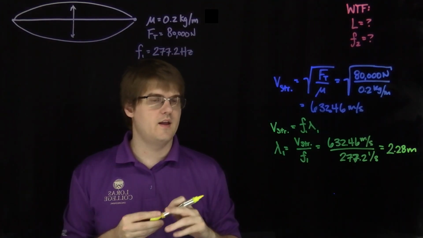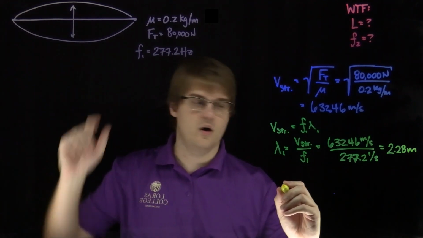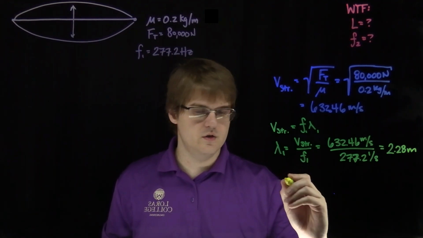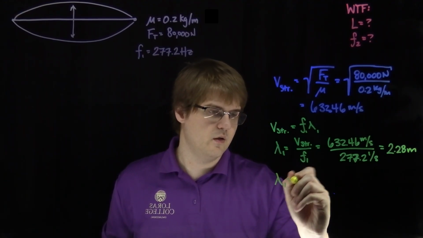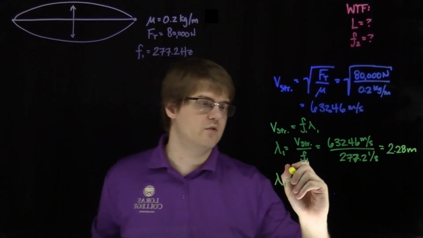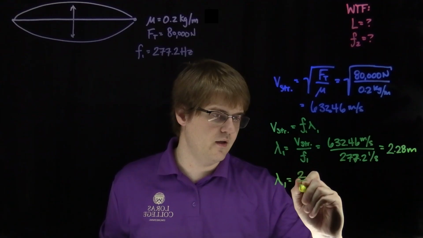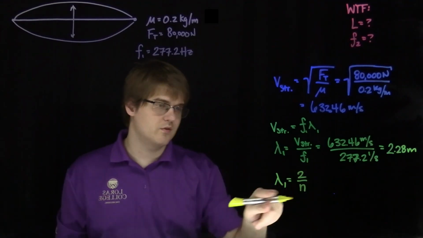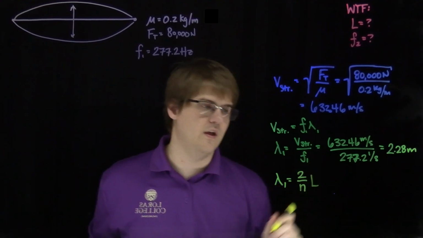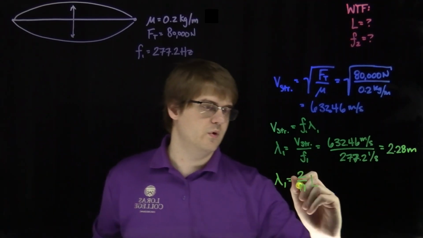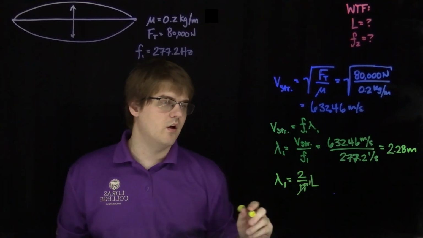So we'll go ahead and take this and plug it into our string equation, where we know that lambda 1, our wavelength, is going to be equal to 2 divided by whatever harmonic, in this case 1, times our length. With this, I can solve for length.